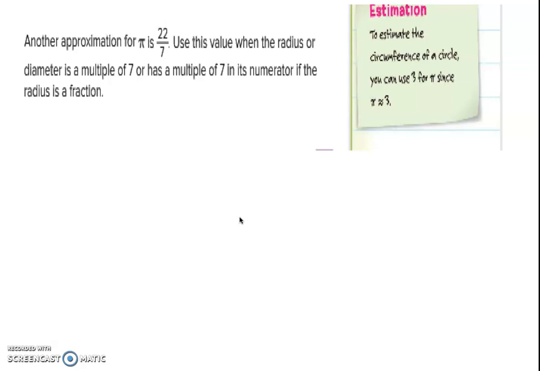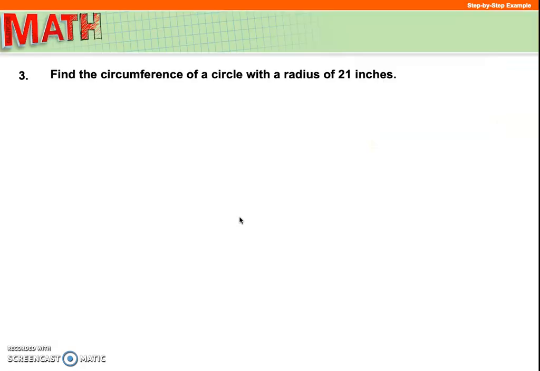And if you notice that a diameter is a multiple of 7, like 14, 21, 28, this can sometimes be an easier way to do it than times 3.14. And remember, this is only an estimate. Since pi is an irrational number, it goes on forever, we can always get it really close, but we won't be able to get it exact.